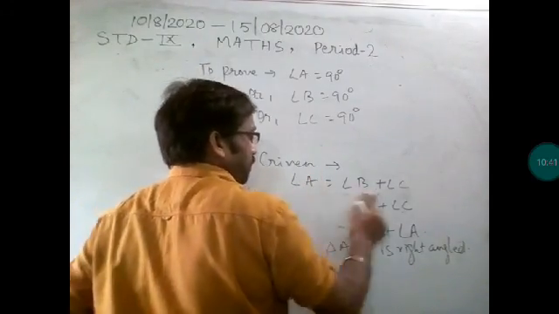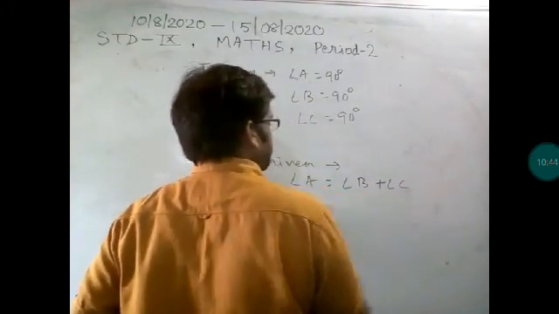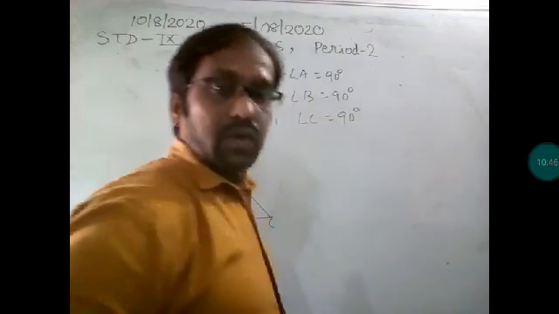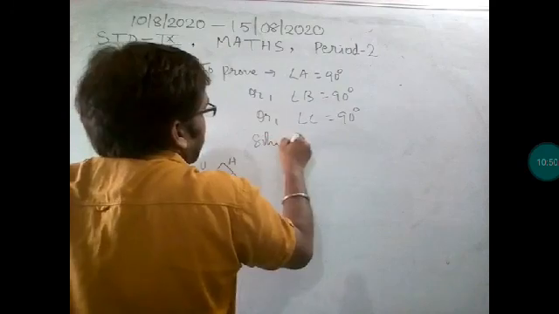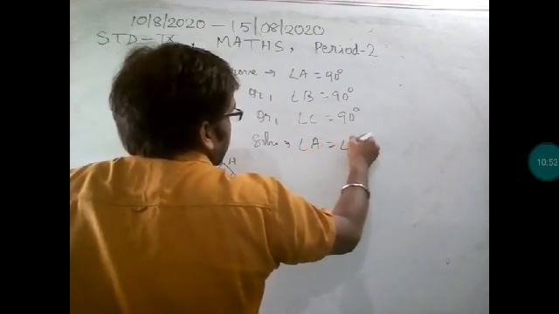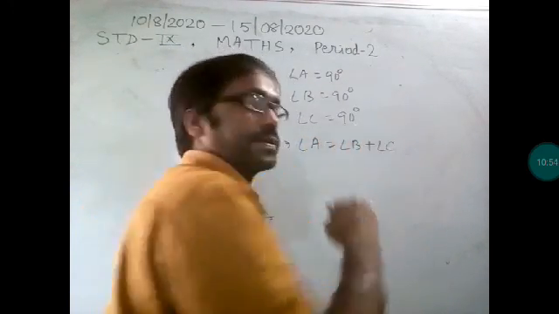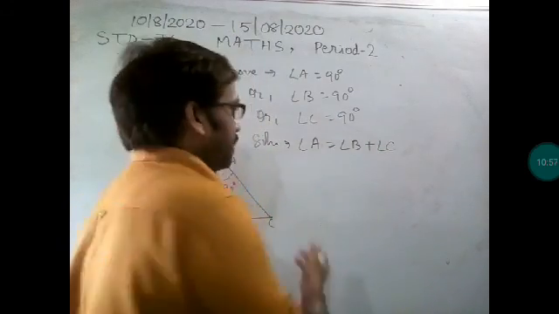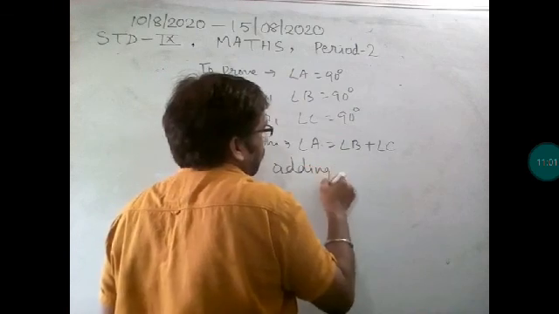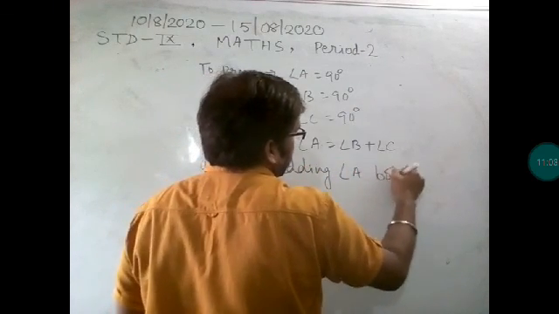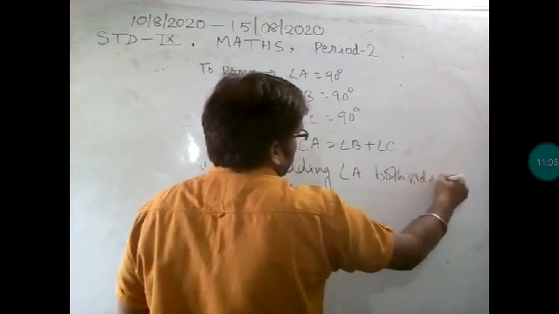So let us start with angle A. If this condition is true, that angle A is equal to angle B plus angle C, I will add angle A on both sides. Why will I add? Because the right hand side will give me 180 degree. So I have added angle A on both the sides.